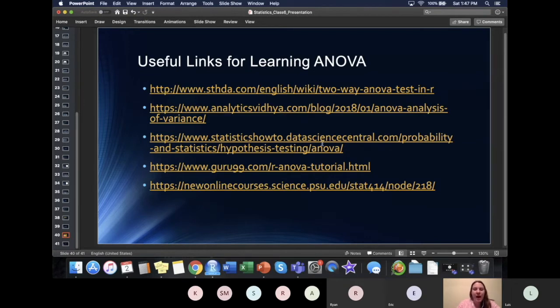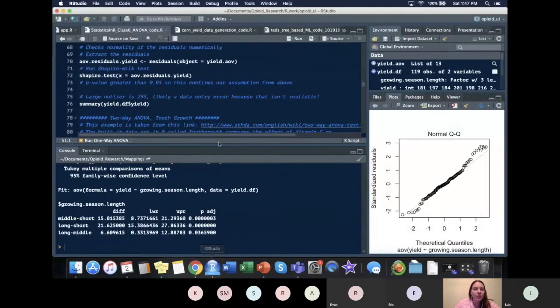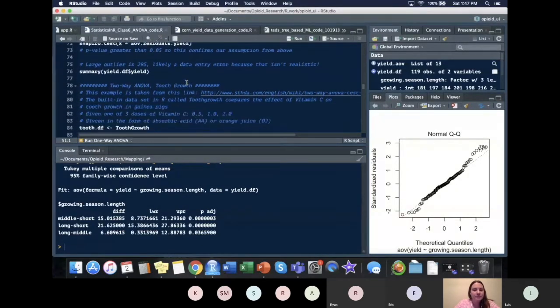I'm trying to learn the best way to explain these results. So when I found a really good website, I just stuck it on the slide. So if you want to come back to that or not, totally up to you. There's more detail here. So now I'm going to go through this step by step in the code.